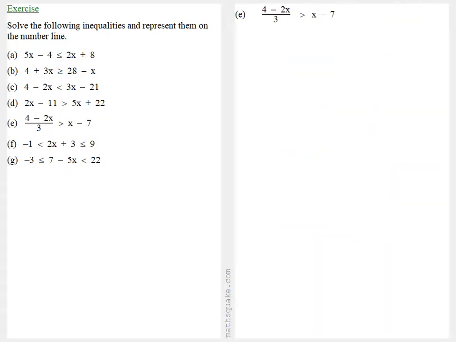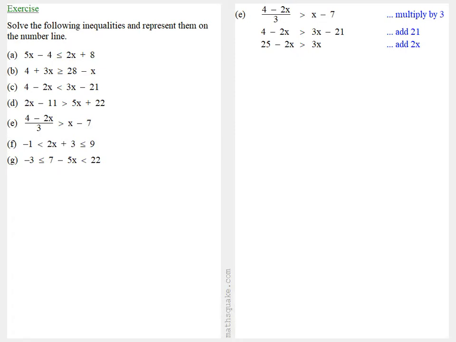In question E, we have 4 minus 2x all over 3 is greater than x minus 7. First thing, get rid of all the fractions, so multiply all the way through by 3, and we'll have 4 minus 2x is greater than 3x minus 21. Now if we add 21 to both sides, that will give us 25 minus 2x is greater than 3x.